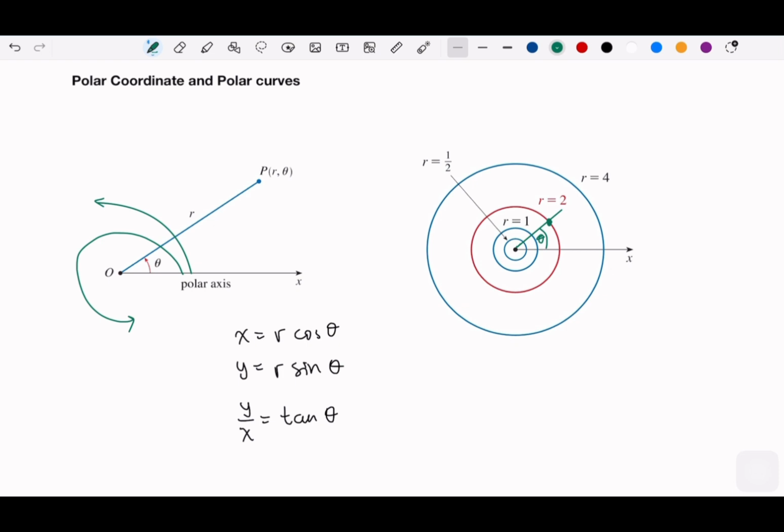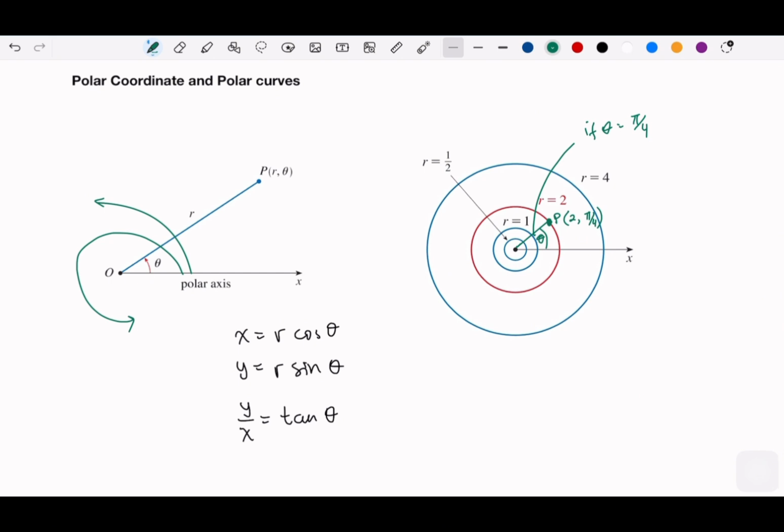If theta is pi over 4, we could write that this point P is (2, pi over 4). That is how we pinpoint our coordinates in the polar system. So you get r and theta.